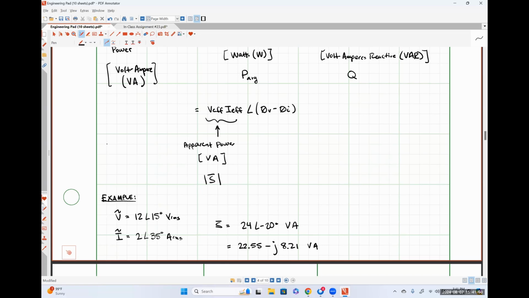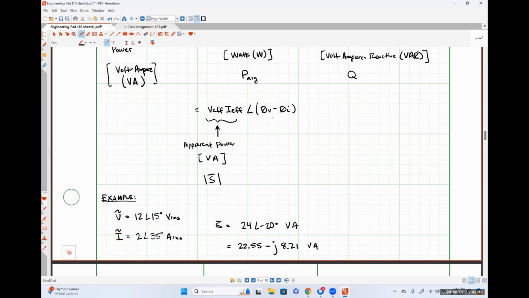Four. The 24. Yeah, so 24 volt amperes is the apparent power, 22.55 watts is the average power, and negative 8.21 volt amperes is the reactive power, right? So once again, you really don't even need to know the equation. As long as you understand that it is the magnitude of the complex power, you're good to go.